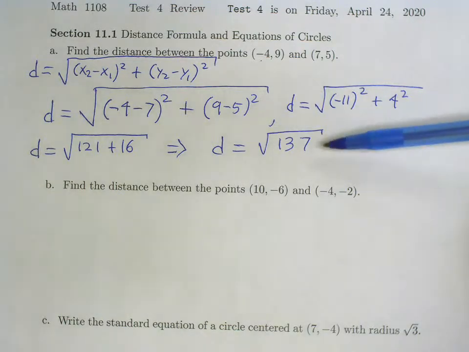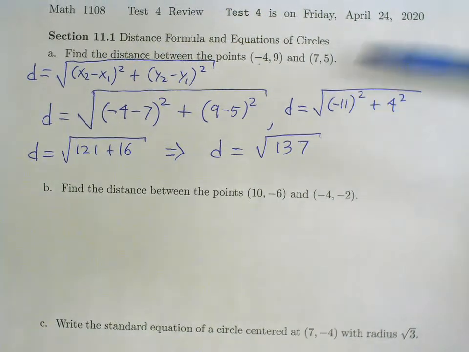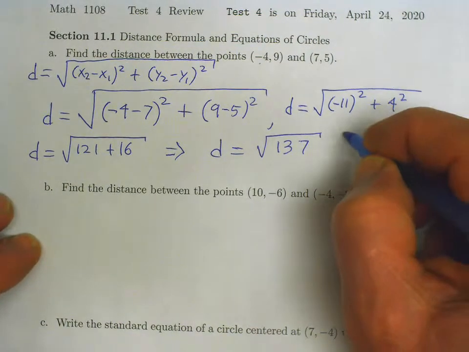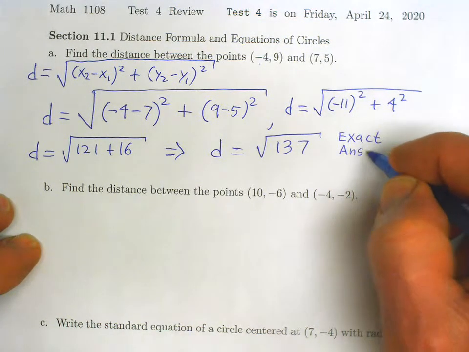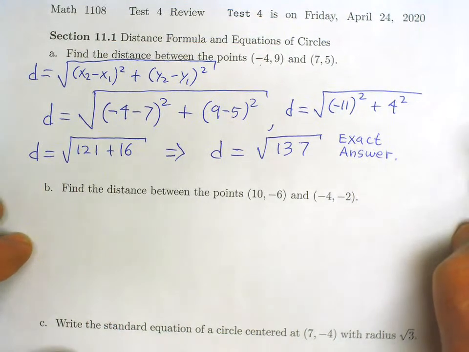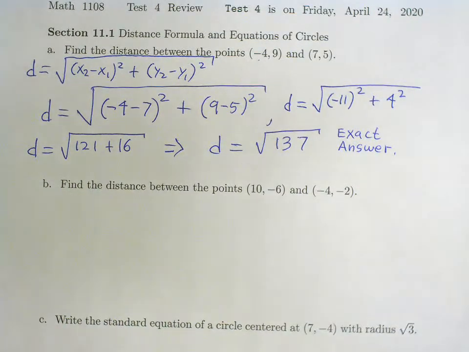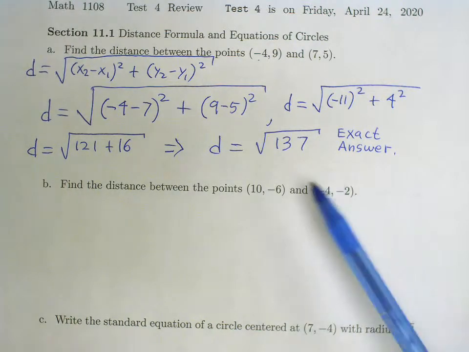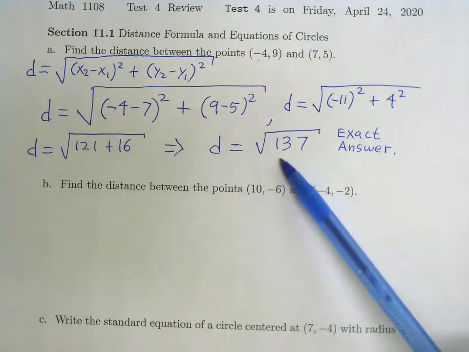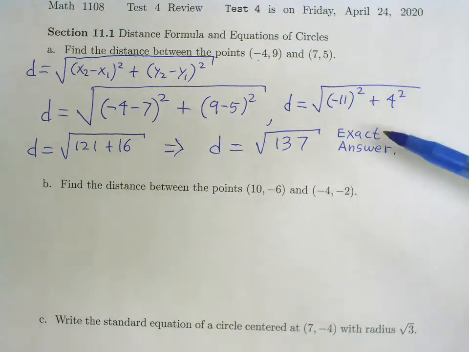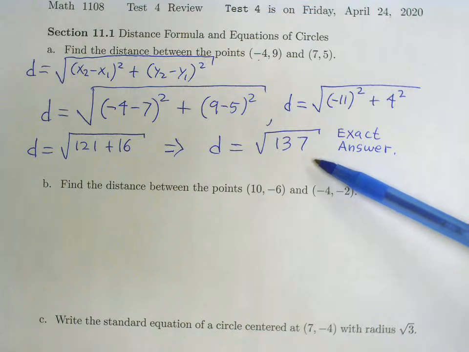The square root of 137 cannot be simplified any further, so this is an exact answer, the positive square root of 137. But on the final exam, which is going to be taken on Newton, it's possible that you'll need to round it to a decimal number, say to the nearest tenth or the nearest hundredth.